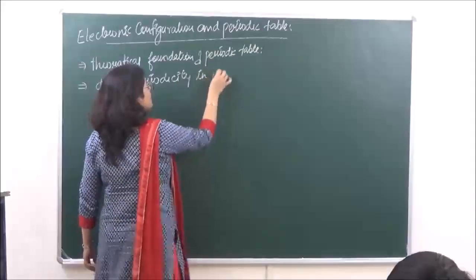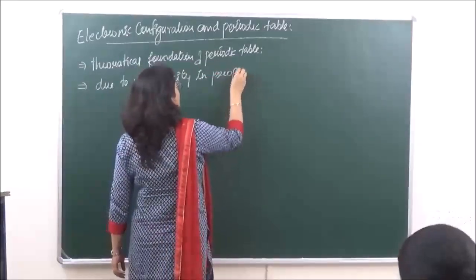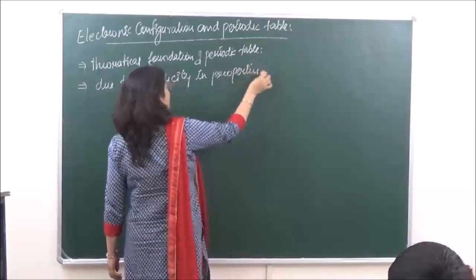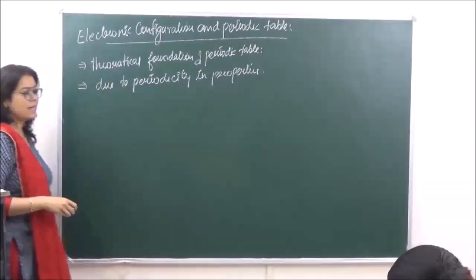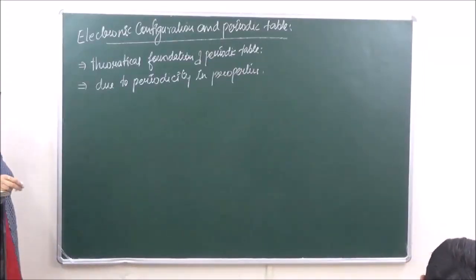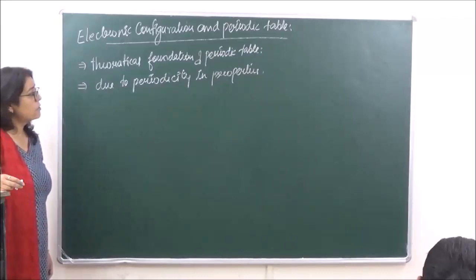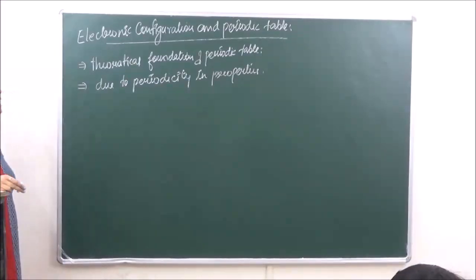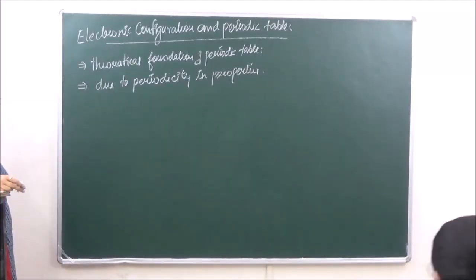This we had done, that the periodic table was arranged in order of increasing atomic numbers, and the same electronic configuration was recurring after regular intervals, which thereby gave periodicity in properties.